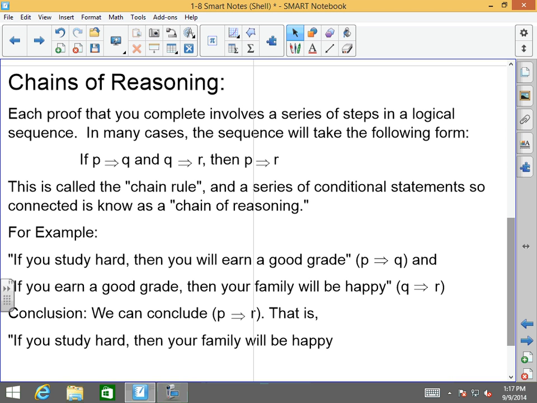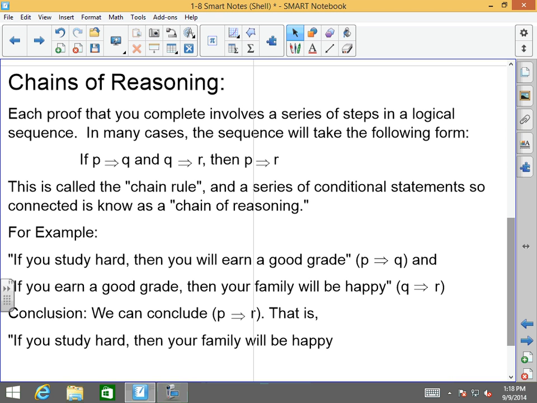If P then Q, and if Q then R, then if P then R. So basically, if P then Q, and then Q, then R, you can replace the Q with the P since the P is leading to the Q. Okay? This takes time to understand.